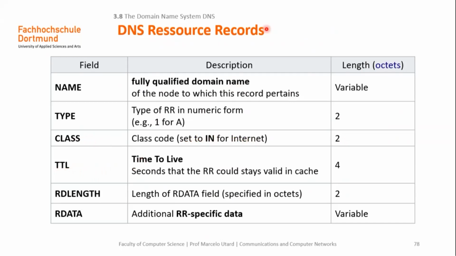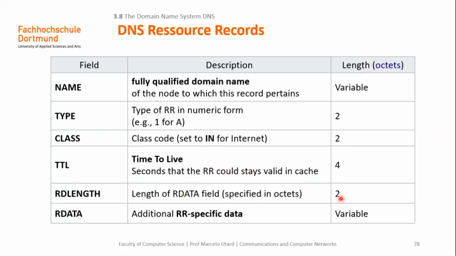Any resource record has a time to live. The time to live is a 4-octet number, and specifies the number of seconds that this resource record can stay valid in a cache, in a resolver, or in any name server cache.